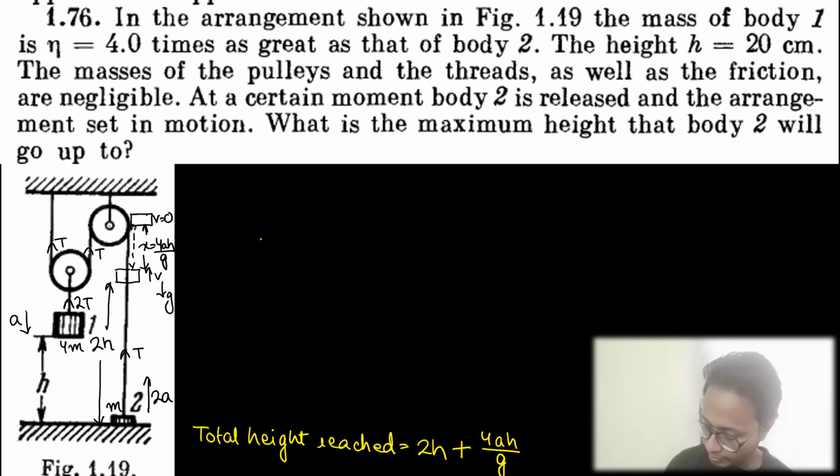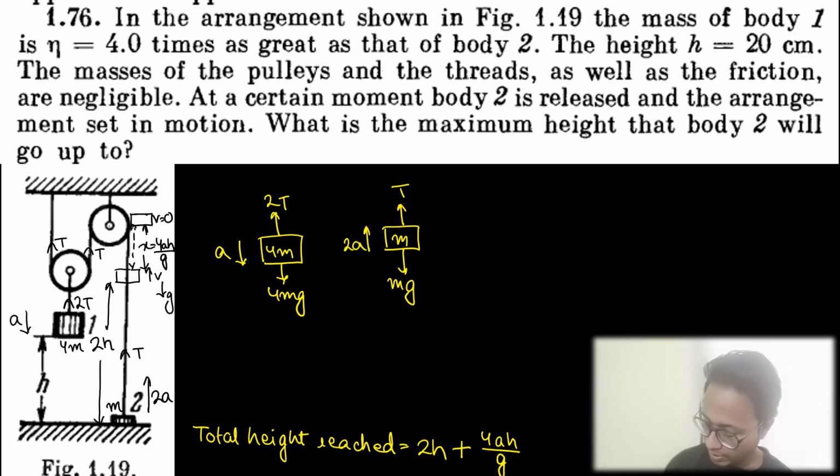So let's draw the free body diagram. Out here for 4m, we'll have 4mg and 2t, and out here acceleration would be a. For the smaller mass, mg, and this would be t, and this would be 2a.